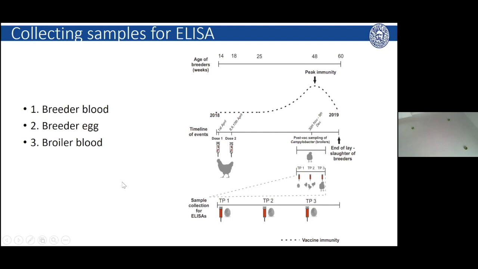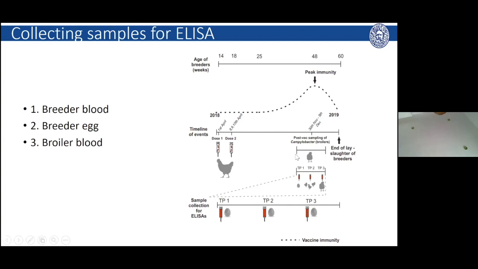So another way of seeing if the vaccine had been effective was to see if there was an immune response in the birds that we were vaccinating compared with control cohorts. So along the vaccination process, we took samples of blood from vaccinated breeders and control breeders, and we took eggs at the same time that we took blood.